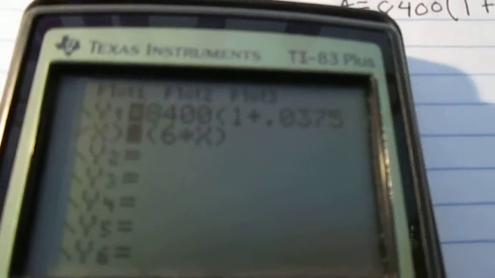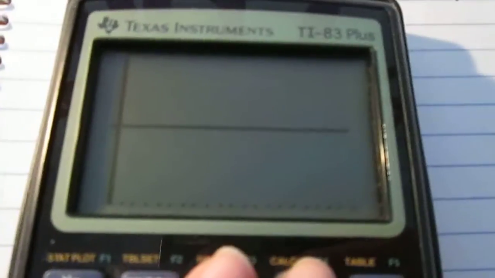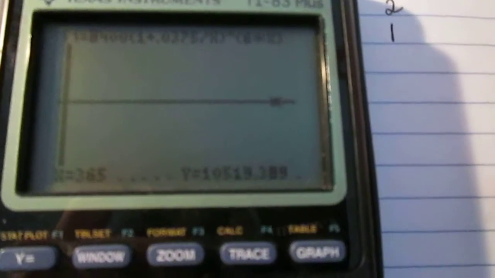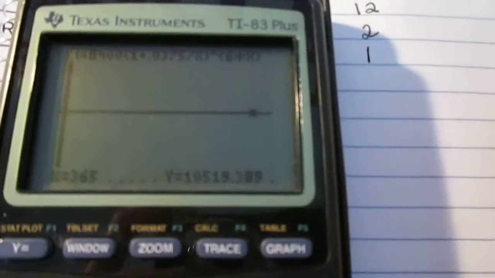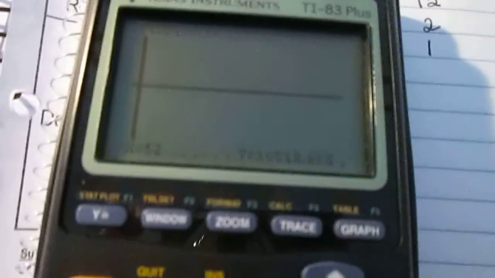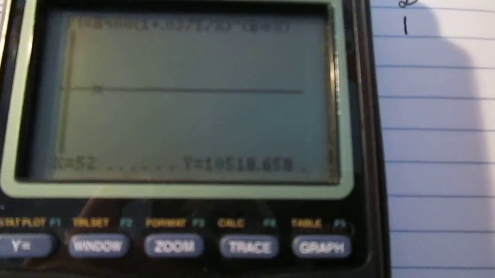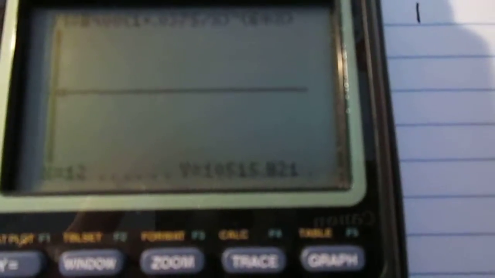When we do the exponent, we have to remember to put it in parentheses, and we hit graph. We're going to trace 365. And we round to the hundredths place, so that's 2 decimal points over. 52, 12, we get 10,505.82.